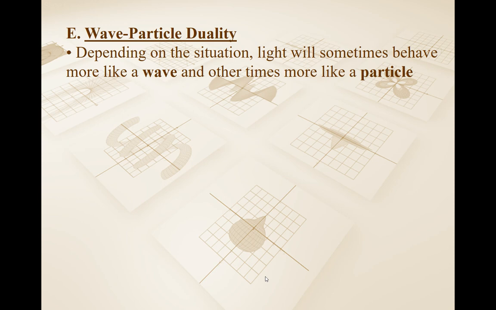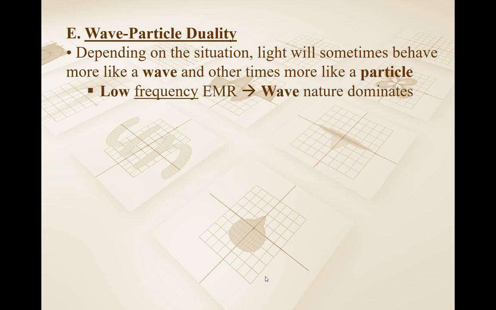When I say it behaves like a wave, I mean it's more likely to diffract and interfere. When it behaves more like a particle, we're more interested in that discrete nature of the light, just the little tiny bullets. Low frequency EMR, and you have to remember, low frequency EMR would have a high wavelength.